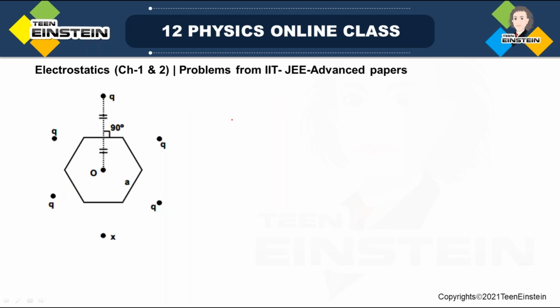So I can write 5 into Q by 4 pi epsilon naught, root 3 into A.